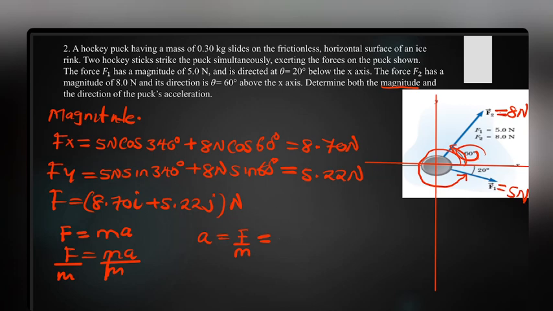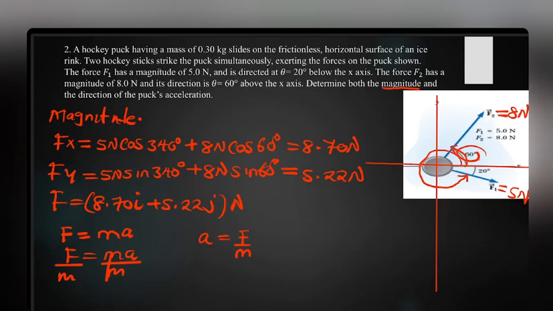Since we have the force for the x component and also for the y, we'll apply this for the x and the y component. So the acceleration in the x component is the force in the x over the mass.